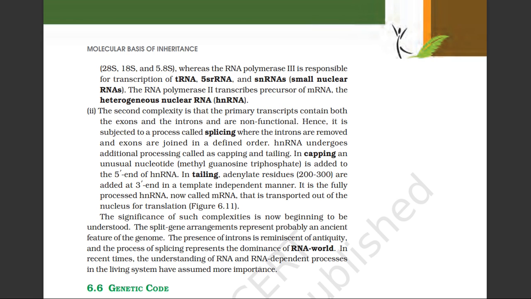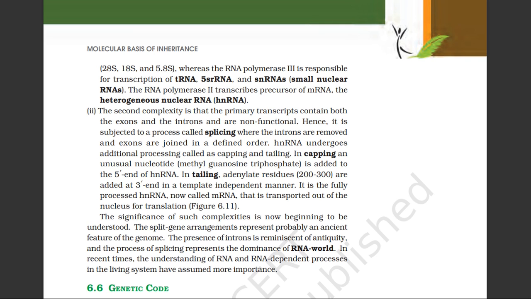The RNA polymerase II transcribes precursor of mRNA, the heterogeneous nuclear RNA, hnRNA. 2. The second complexity is that the primary transcripts contain both the exons and the introns and are non-functional.